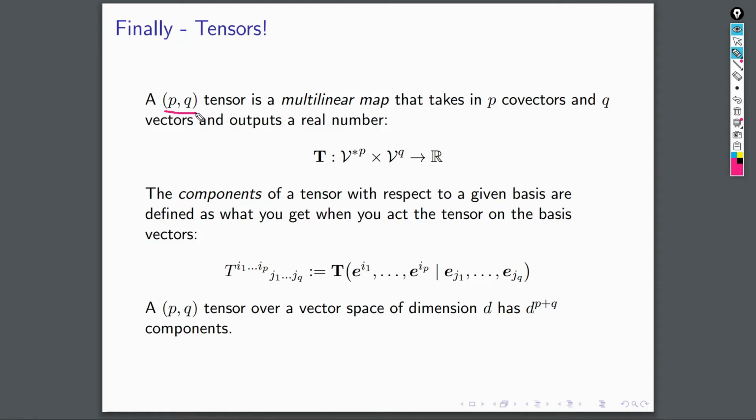A PQ tensor is a multilinear map. So what do I mean by multilinear? Well, it basically just means linear in a lot of dimensions.